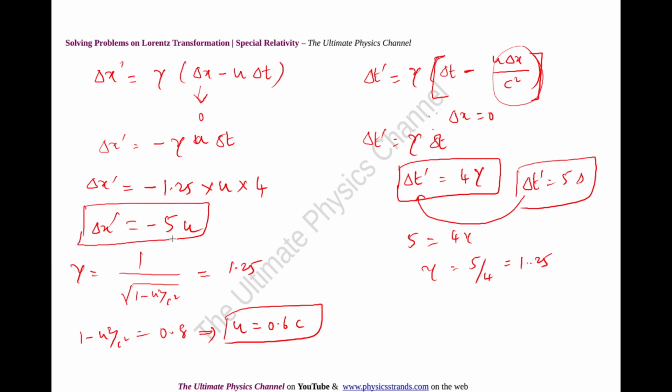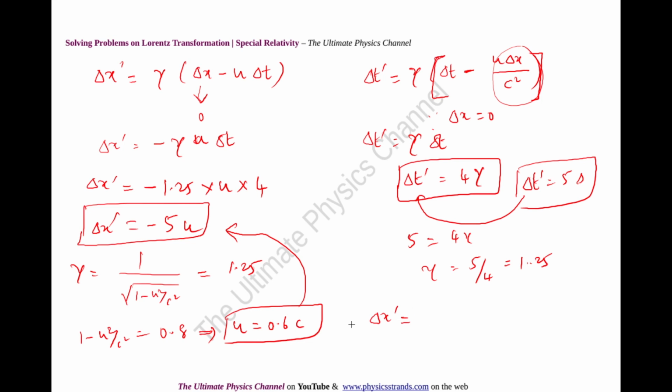Now I can substitute this u value to get my del x prime coordinate, that is minus 5 times 0.6c.